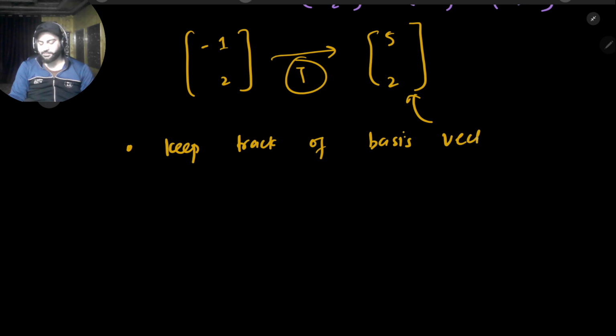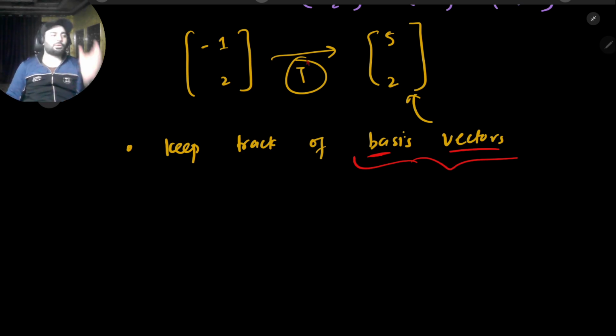If I apply some transformation, that transformation will happen to these basis vectors. Because any vector can be represented using these basis vectors, that's the definition of basis. Basis means we can get to any vector by using some linear combination of the basis vectors.